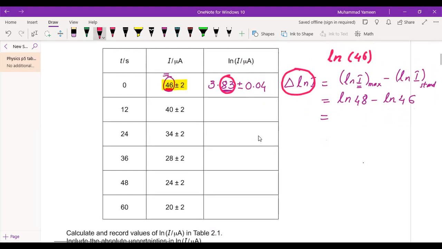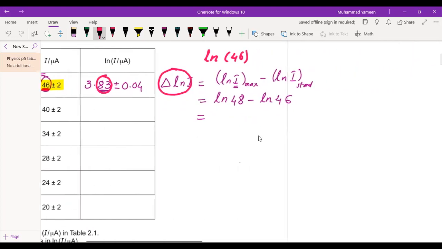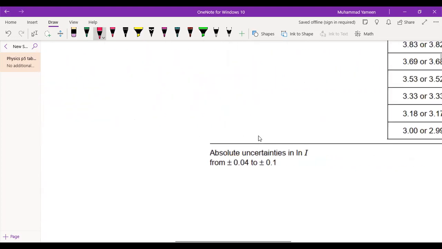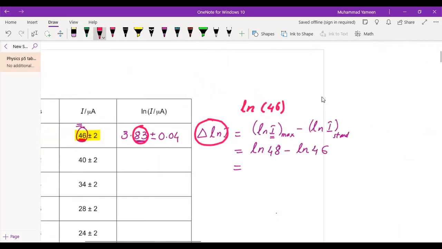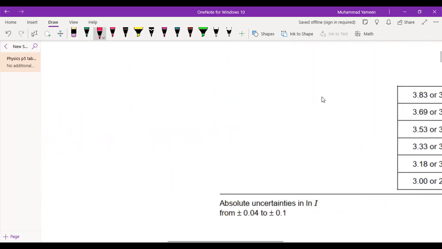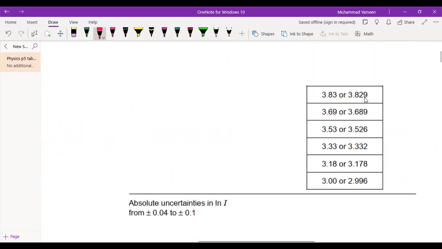I hope you have completed the table with its absolute error. So now you can check the answer from the marking scheme. There, the first value is 3.83 or 3.829.